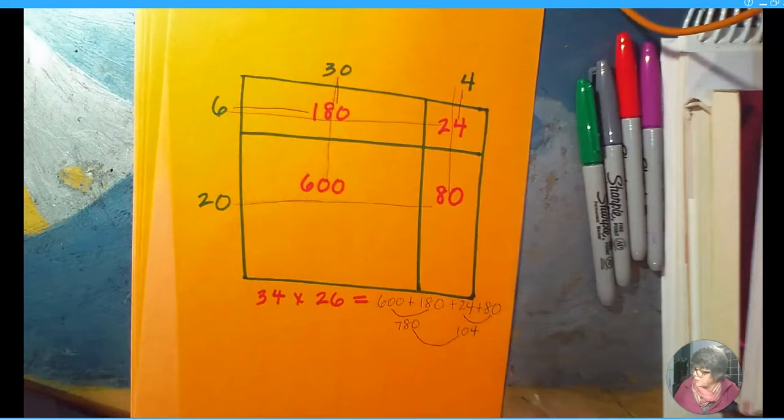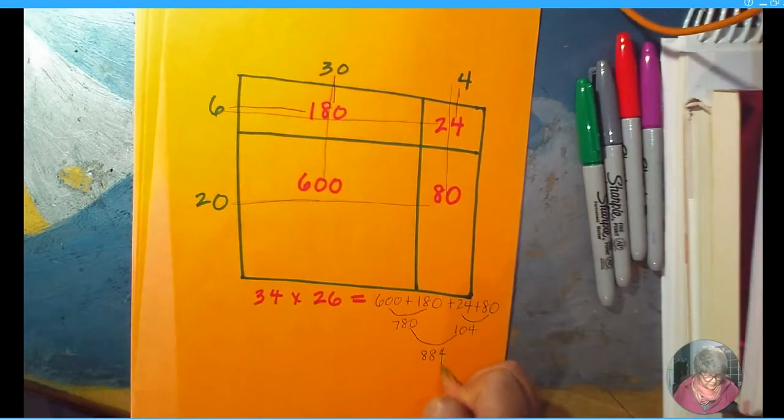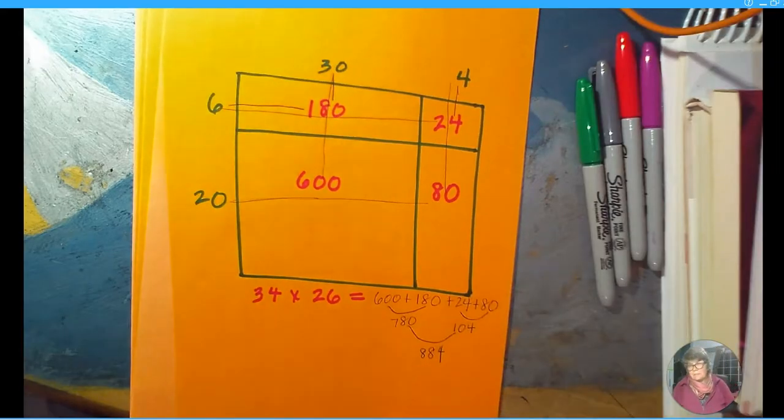Put those two together. 700 plus 100 is 800. 80 plus 4, 884. Did I do that right? Did I make any mistakes? I think it is correct, but if I made any mistakes, I'm sure you'll let me know.